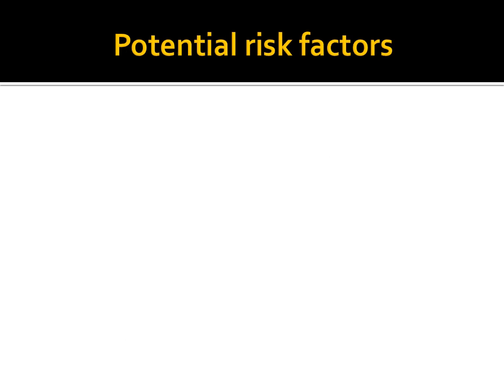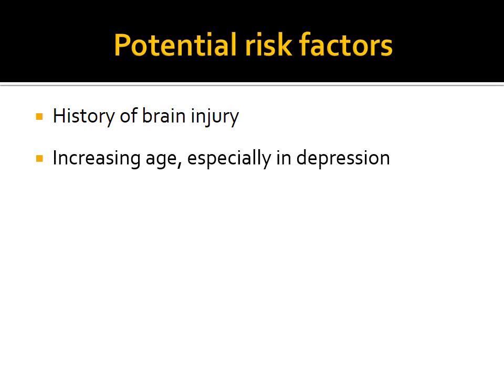What are the potential risk factors for developing catatonia? History of brain injury, increasing age, especially in depression. So elderly depressed patients are more likely to present with catatonia than young patients with depression.